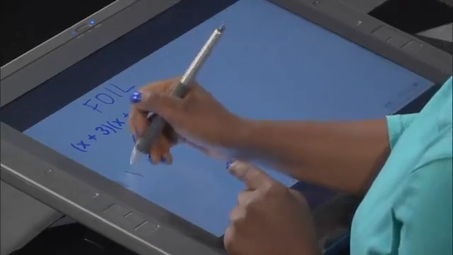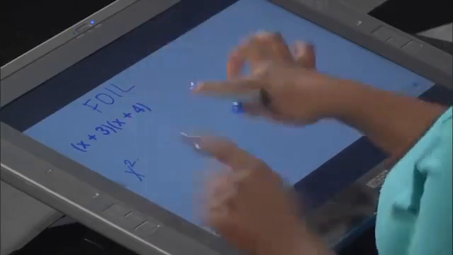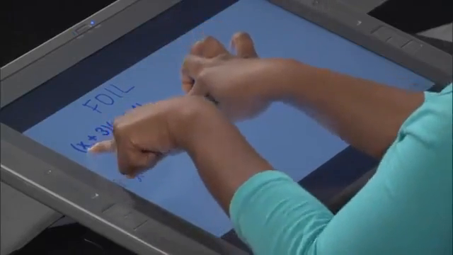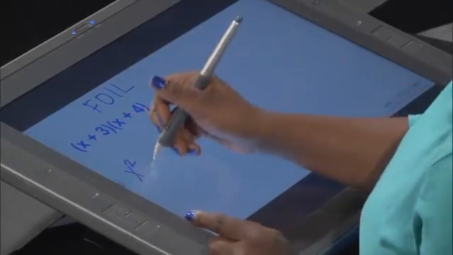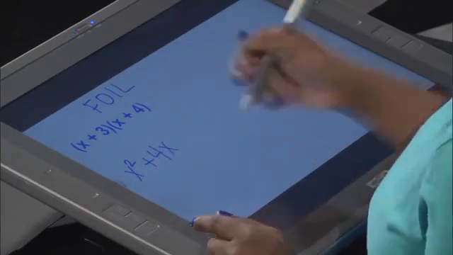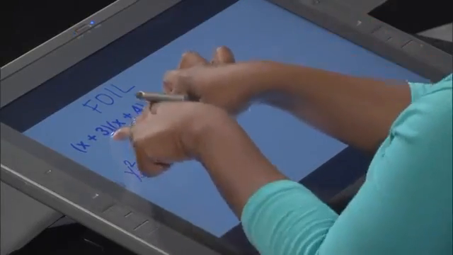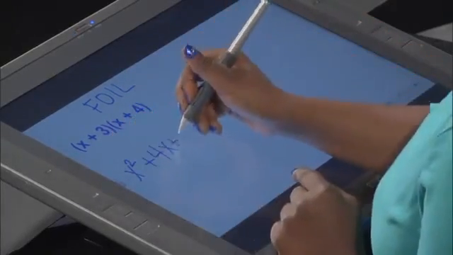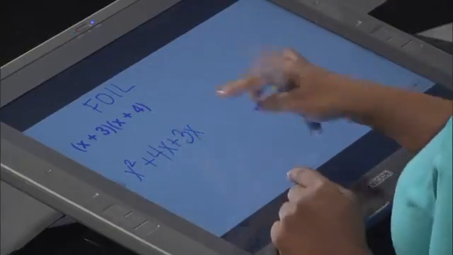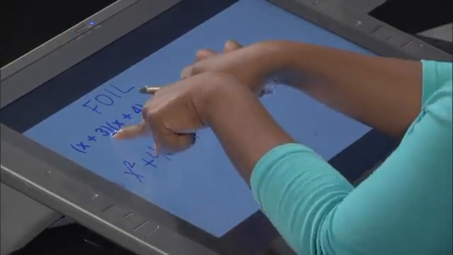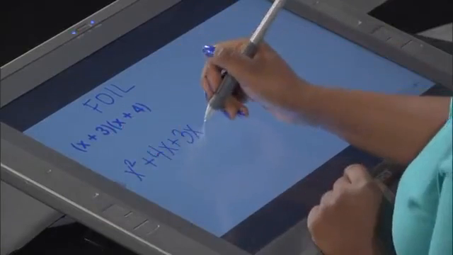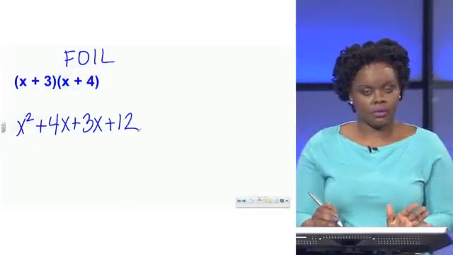I'm going to write that underneath. Outer terms, x times 4, that's 4x. Inner terms, 3 times x, that's 3x. Then your last terms, 3 times 4, that's 12.